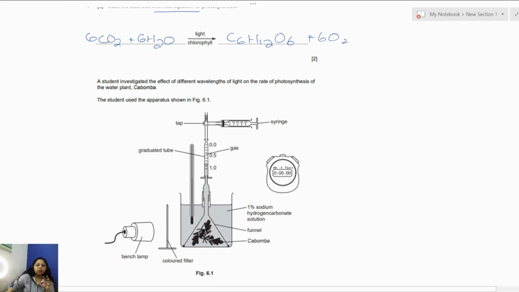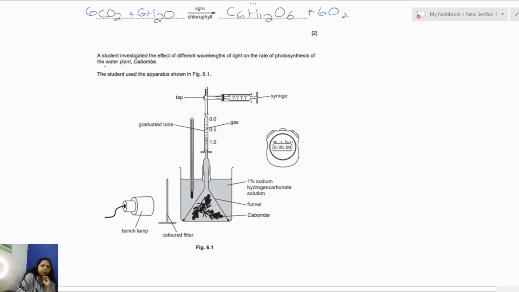Now this one is related to the investigation of the aquatic plant, the water plant. An experiment has been designed, or the apparatus has been set up. Let's see why they have used a syringe to collect oxygen gas. You must know this. Why do we use sodium hydrogen carbonate for aquatic plants? As a source of carbon dioxide, because it has no contact with the air, so it must get carbon dioxide for photosynthesis from sodium hydrogen carbonate.